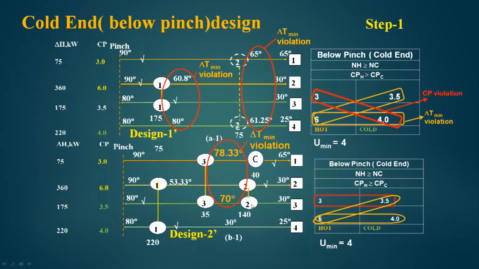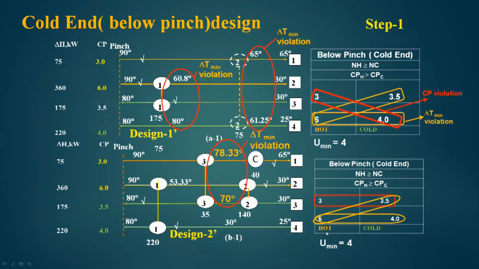Now, as stream number 2, which is a hot stream, can give 360 kilowatts of energy, and stream number 4 can take 220 kilowatt of energy, I can put this match to be equal to 220 kilowatt. So, when I put this match, the outlet temperature of this heat exchanger is 53.33 degree centigrade here, and stream number 4 is ticked off.